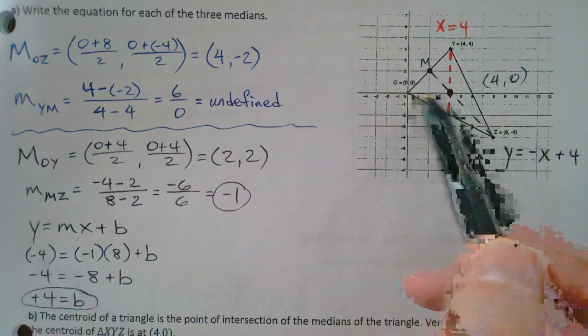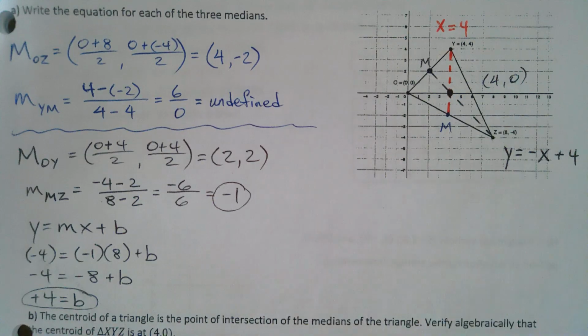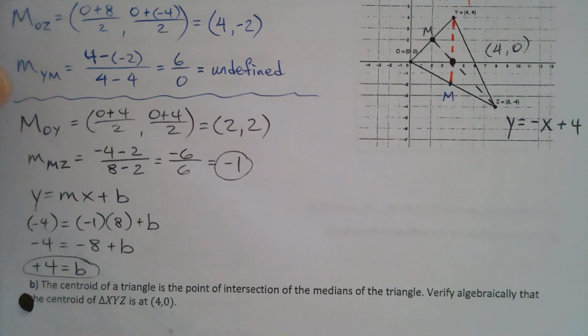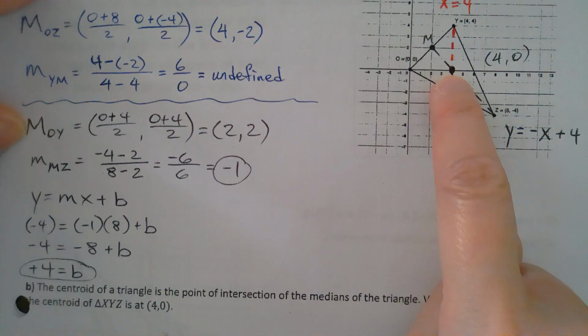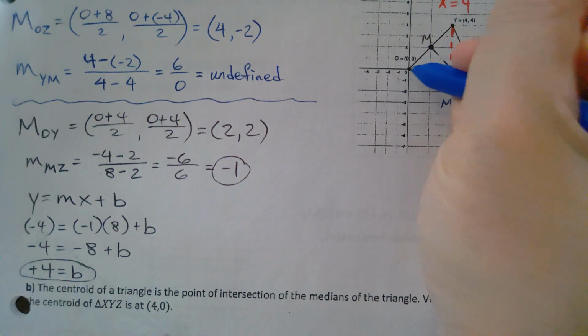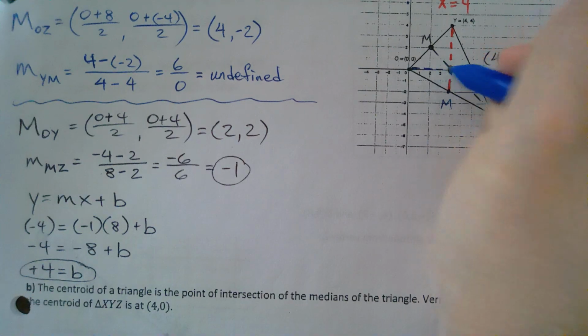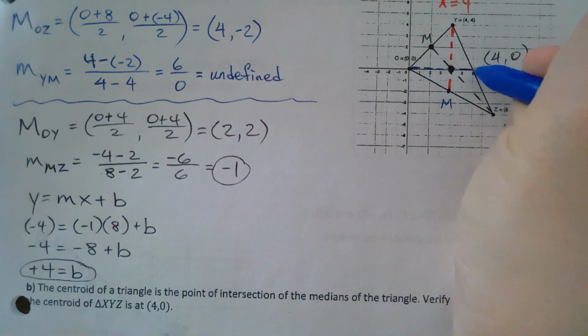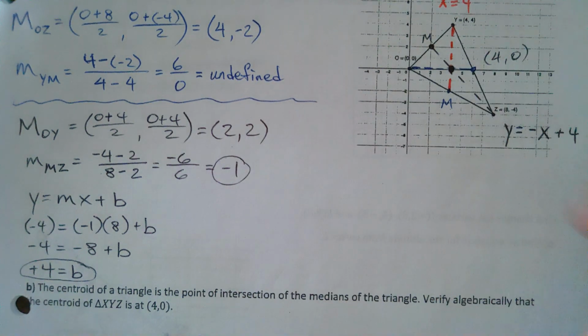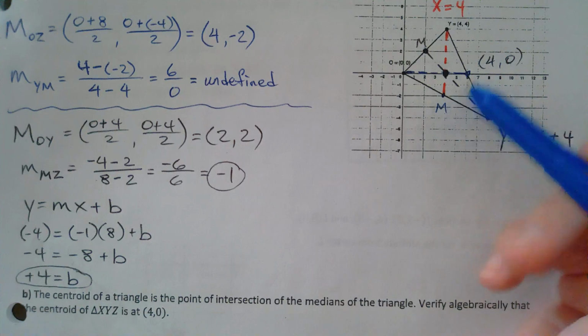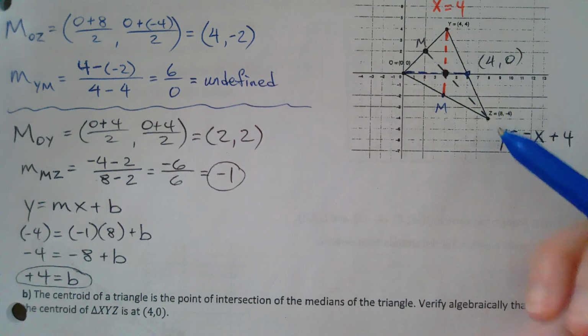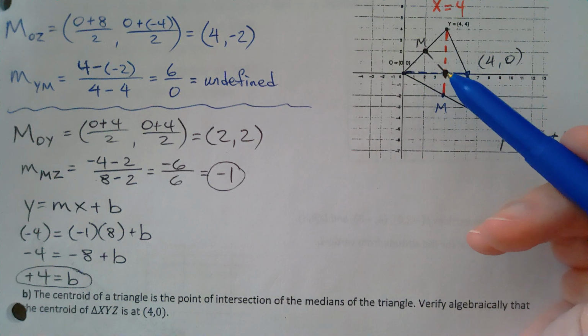Technically, I had to draw one more line and then get that, but it's okay. Now graphically, I can see, and this is my third one, that the three medians meet at (4, 0).